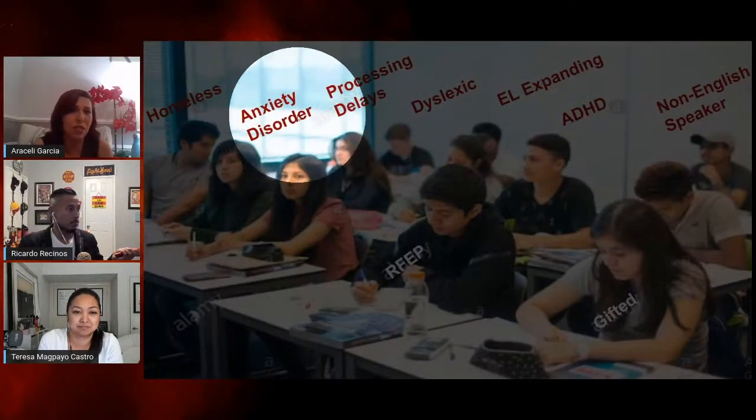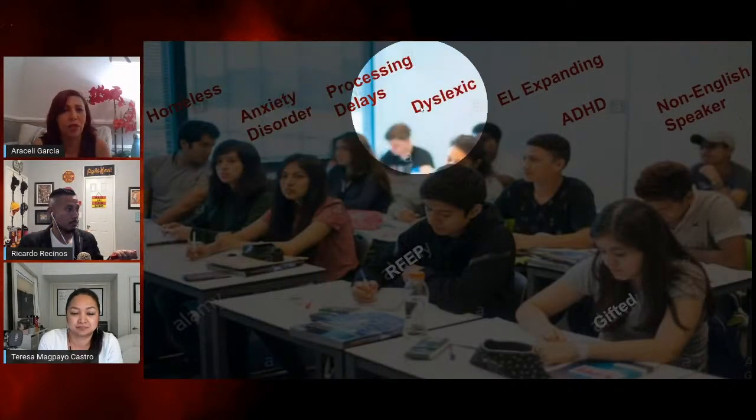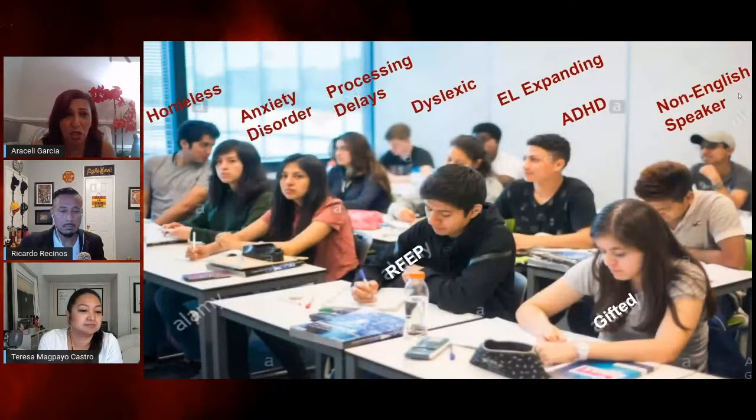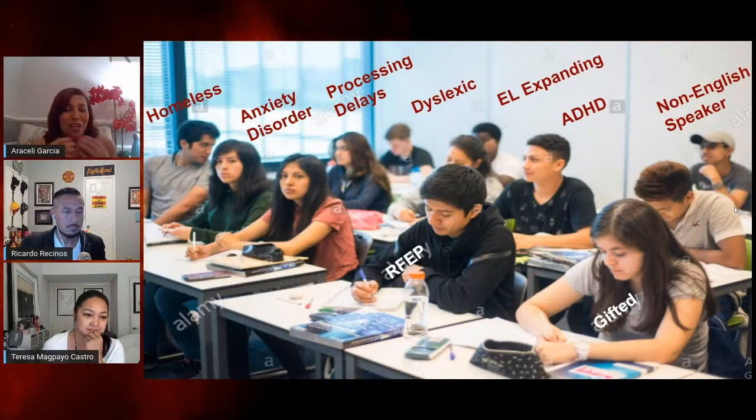Again, you have kids who are dealing with all types of things: processing delays, anxiety, even more so now. I don't know if all of you are seeing it or feeling it out there, but a lot of times television shows high school classes as being loud and rambunctious. Actually, it's quite the opposite right now, at least that's what I'm noticing. It's really difficult to get kids out of that anxiety.